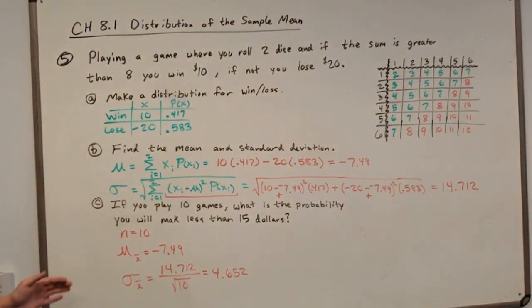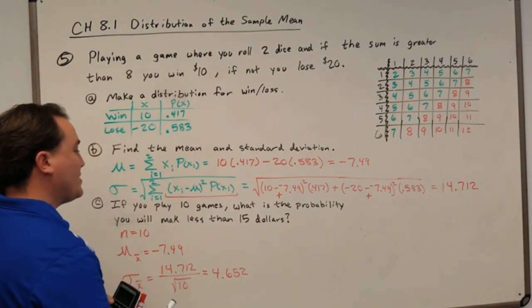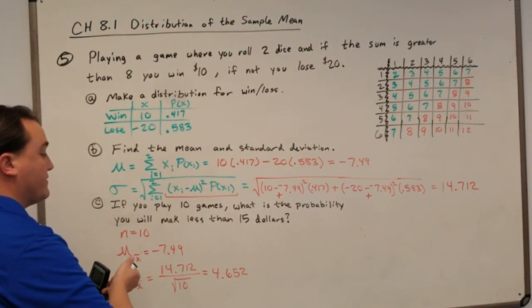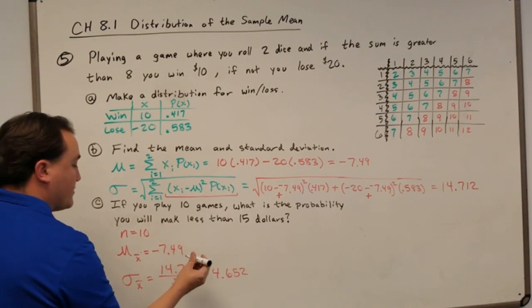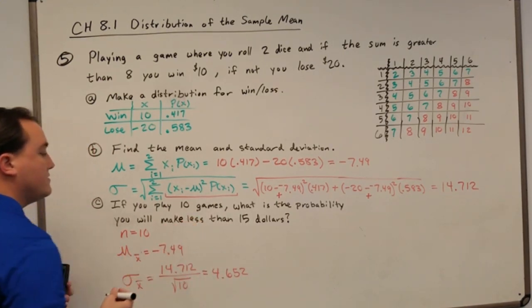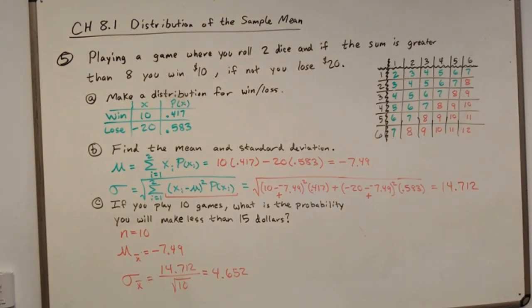So now our question is, what is the probability you will make less than $15? So these are actual dollar values. So we do this the same way we did before.